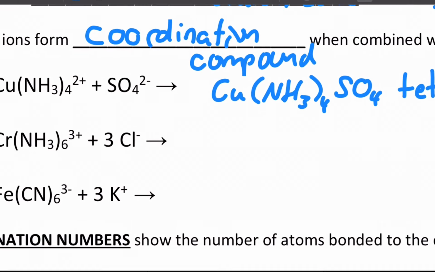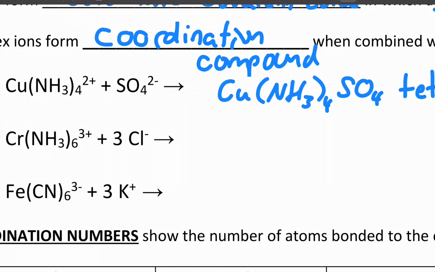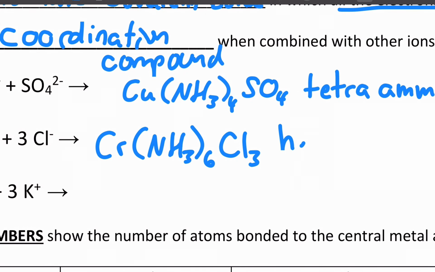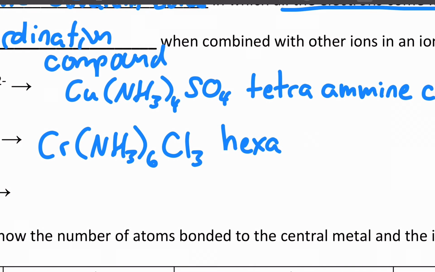Okay, the chromium complex. If I combined one of the chromium complexes with, they're already telling me, 3 of the chlorides, makes sense to make the charge neutral, I would write it as cation first, so Cr, parentheses, NH3, 6, and then Cl3. This would be called a hexaamine.